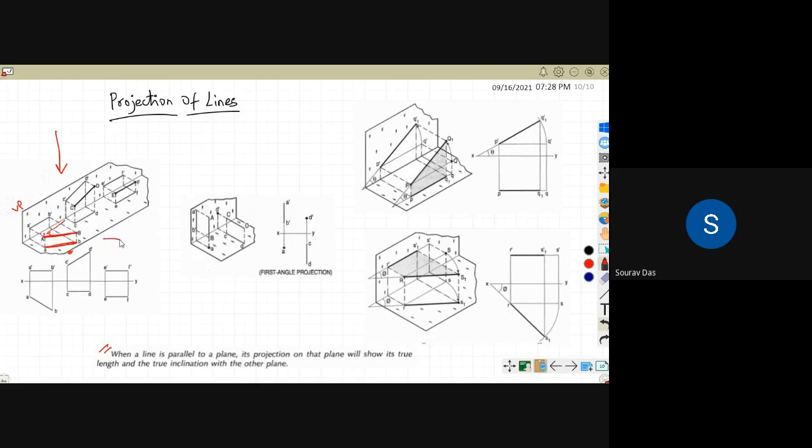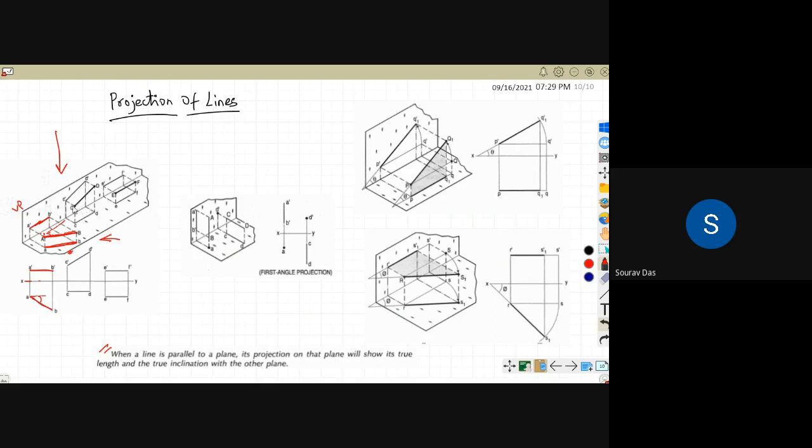And from the front view, this will be the front view of the line. As this line is parallel to the horizontal plane, this front view of that line will be parallel to this reference line. And this is the top view of the line. So in the top view, we can see the true length as well as the true inclination with the vertical plane.